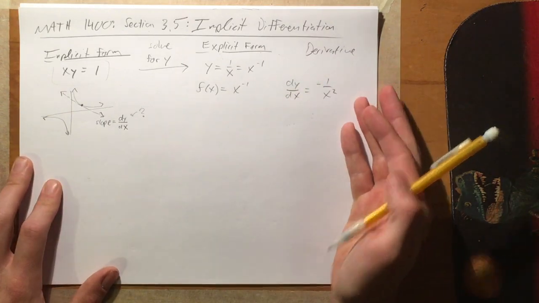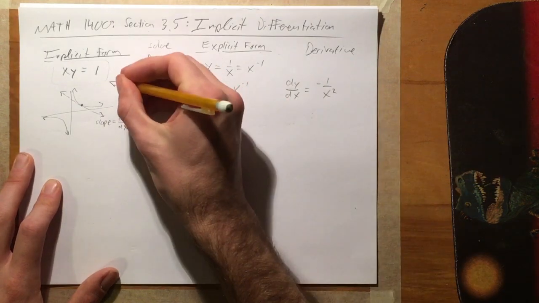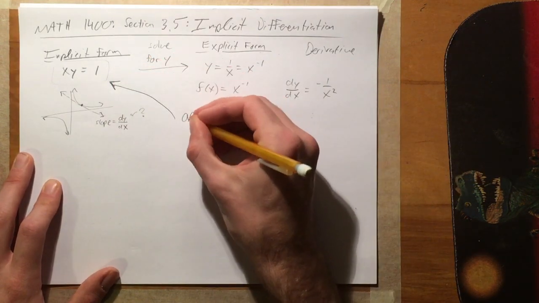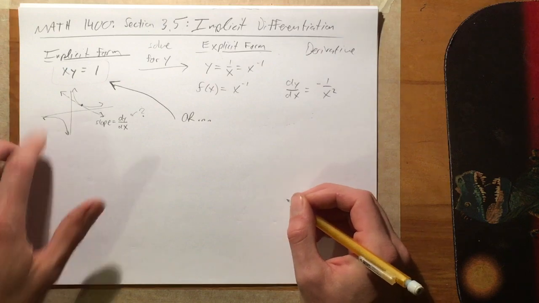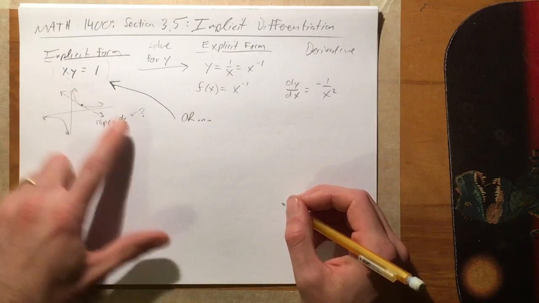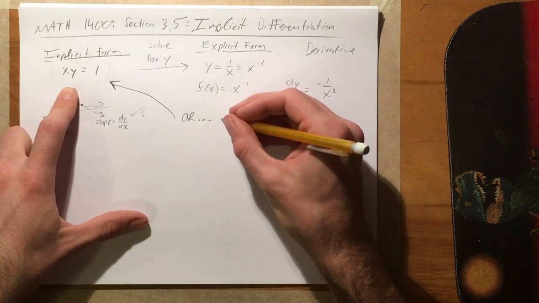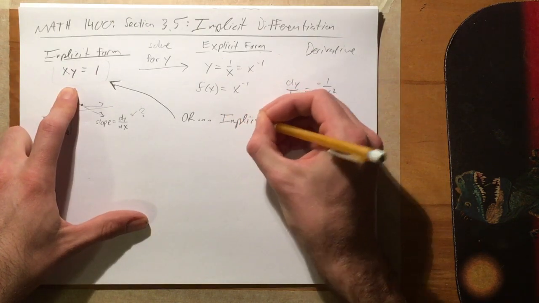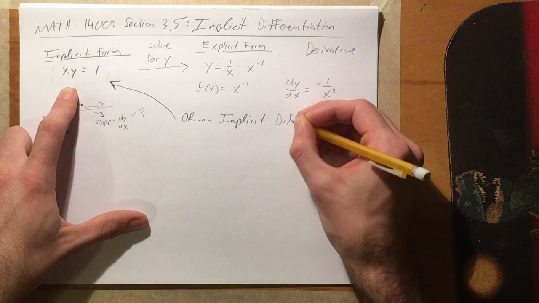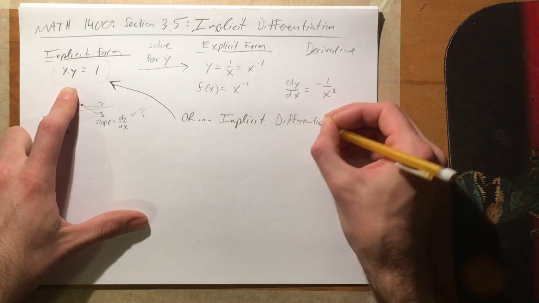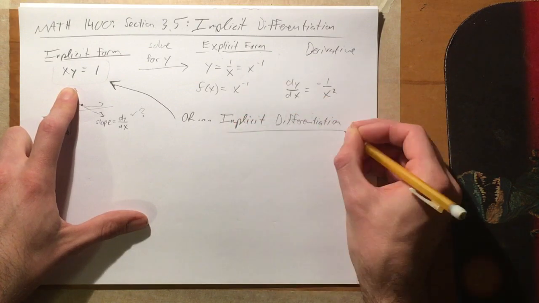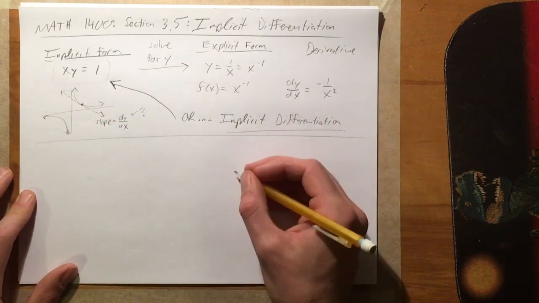So that's fine. But it turns out that you can also take a derivative and figure out the rate of change in y with respect to x starting from the implicit form. And that is called implicit differentiation. So how does that work? It starts like this.